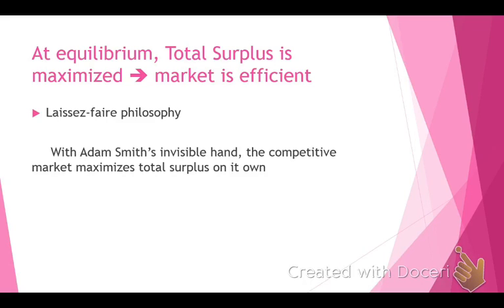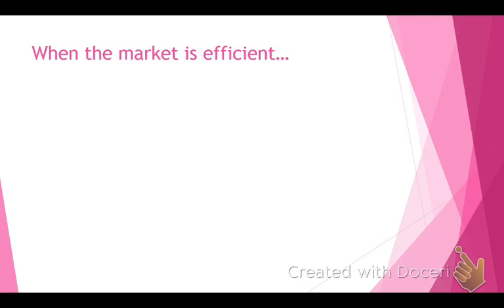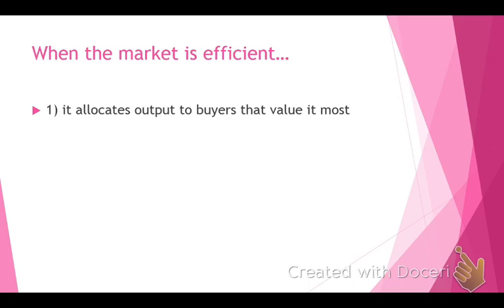Raise your hand if you need more time. All right. So the market is efficient. When the market is efficient, it allocates output to buyers that value it most, because they're willing to pay the market price.